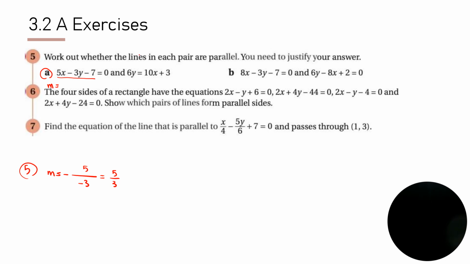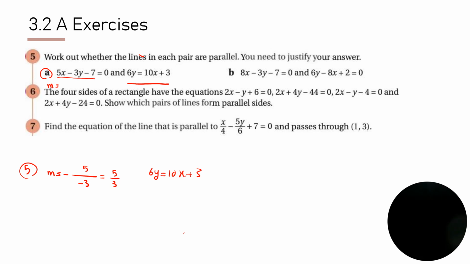And the second line is given as 6y equals 10x plus 3. It is neither in the general form, the standard form, nor the slope-intercept form. But okay, you can change it to slope-intercept form. So 6y equals 10x plus 3.